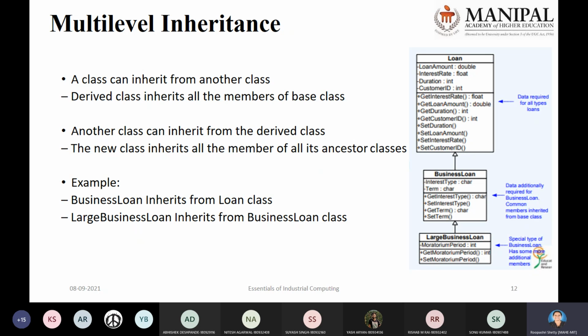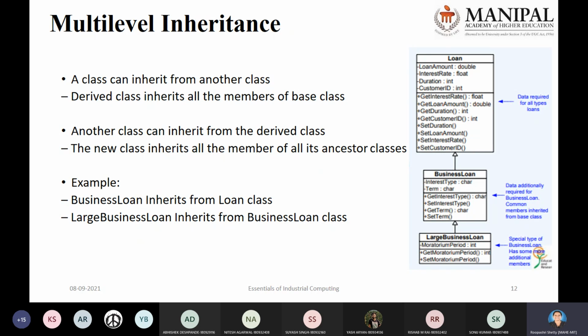In turn, large business loan class inherits all the properties of the loan class as well, because the properties of the loan class are included in the business loan class also. So when large business loan inherits business loan, it is indirectly using the properties of the loan class.